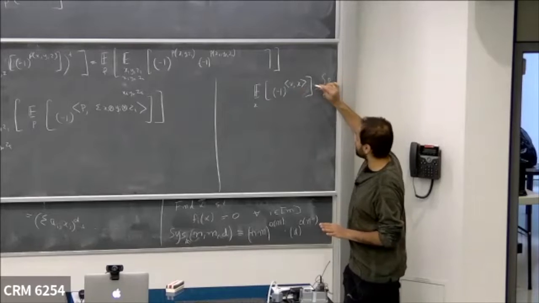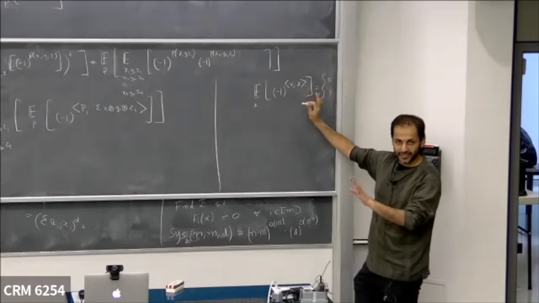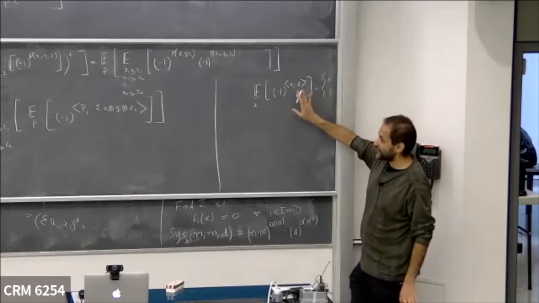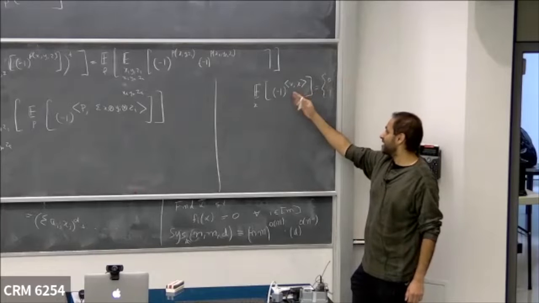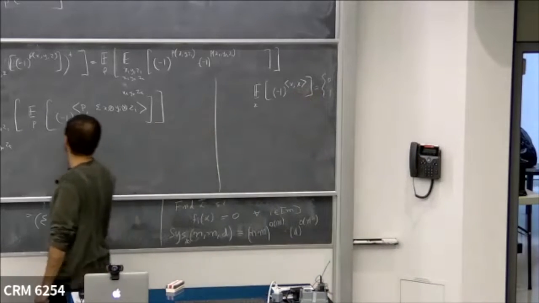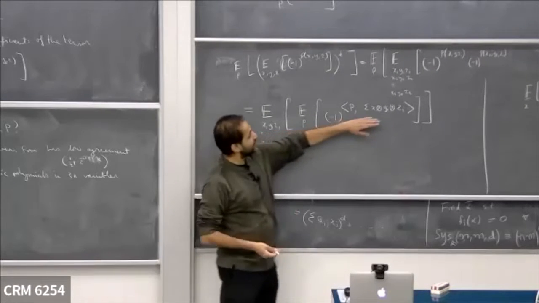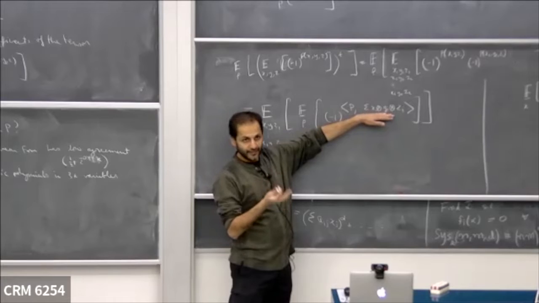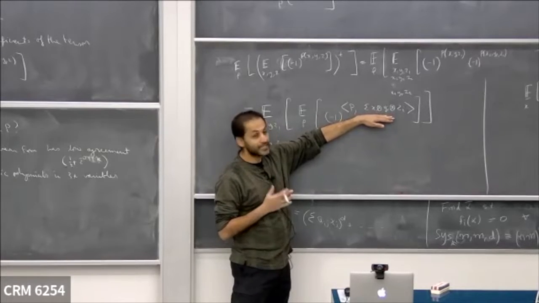Most of the time it's 0, and occasionally it's 1, whenever V is 0. This is just a basic fact about how you take inner products with biases of a random linear function, or biases of a linear function. This is exactly that form. P is picked as a uniformly random vector, and it's inner producted with some particular vector, and so what's of interest is whether it's 0 or not.